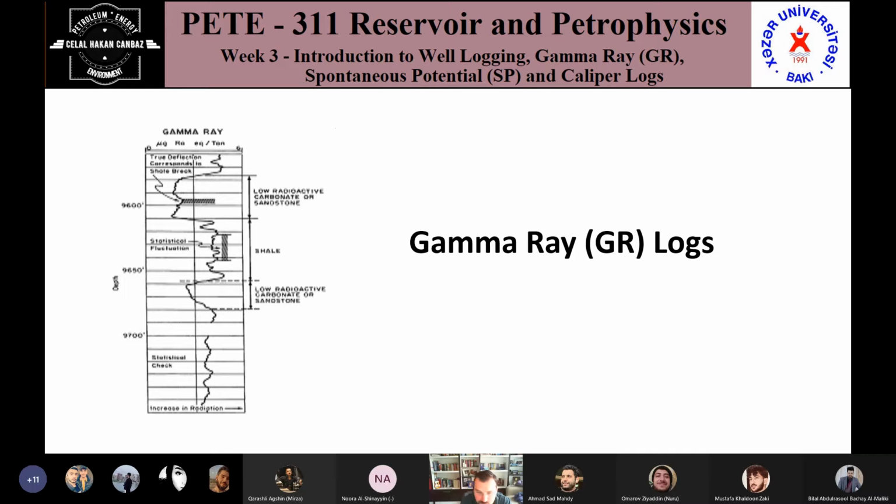Conceptually, the simplest tool that we are using is passive gamma ray devices. These are the simple ones to identify the permeability zones and lithology. Actually, this is what we can say regarding the gamma ray logs in the beginning.